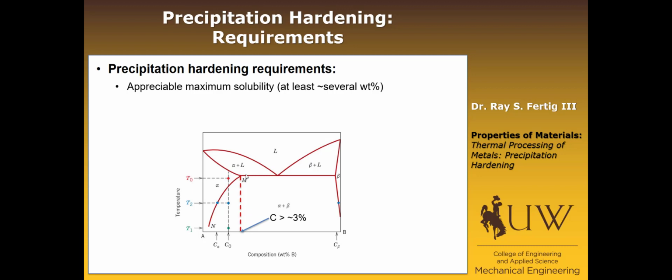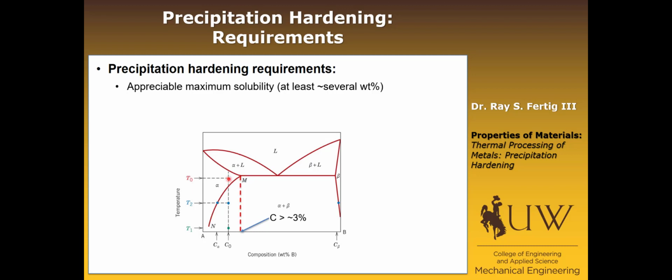The reason is if we don't have that, then we don't have enough material to make enough particulates of any size or consequence to be significant. Otherwise, we'll just have a solid solution strengthening metal. So requirement one is that we have to have some maximum solubility.